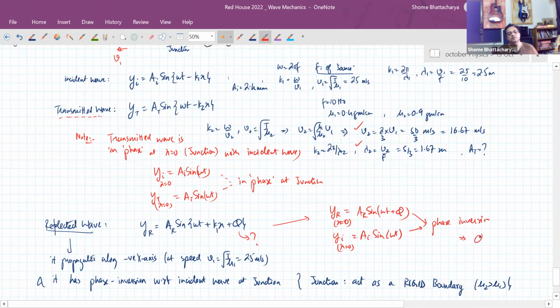So that shows us that phi should be pi. Therefore, our reflected wave should have an equation like this, plus pi.